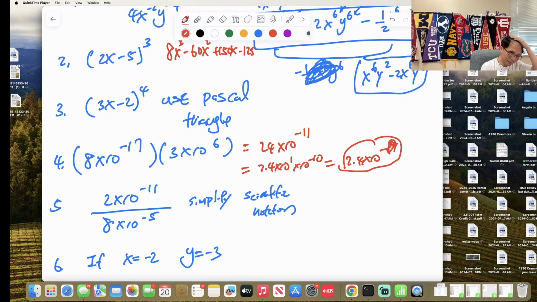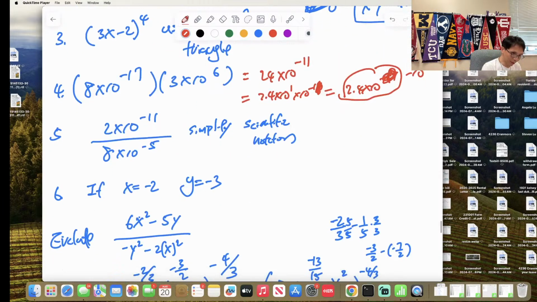Negative 10, right? Okay, so this one is 2.5 times 10 to the what? Negative 7. Is that okay?